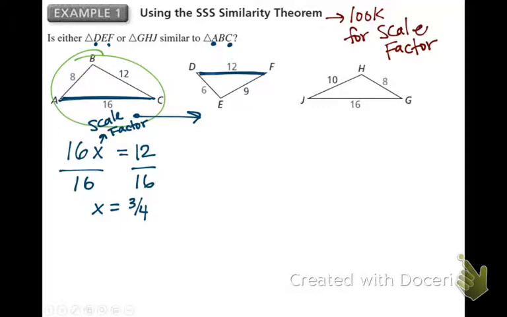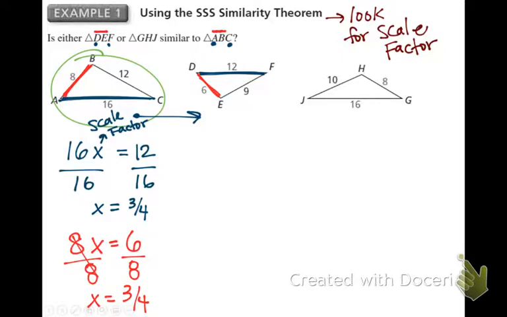So pick another side off of triangle ABC. AB, which is 8 times the scale factor. What does AB correspond to on the other figure? DE. So 8 times the scale factor will give me a length of 6. Divide by 8. What is the scale factor for these two sides? 3/4.